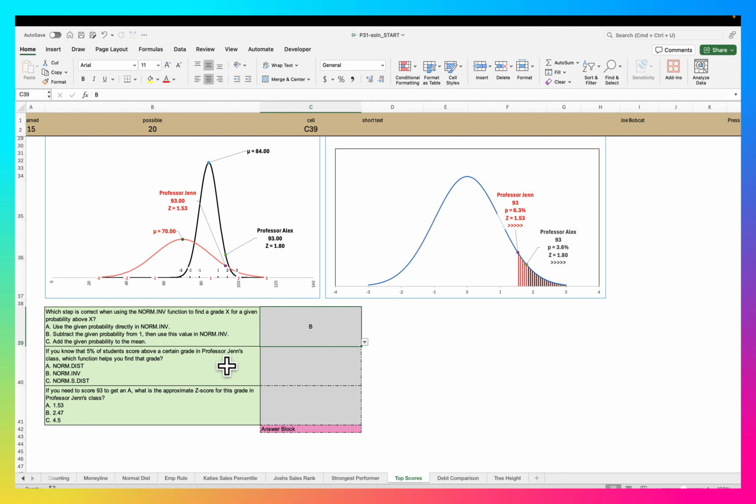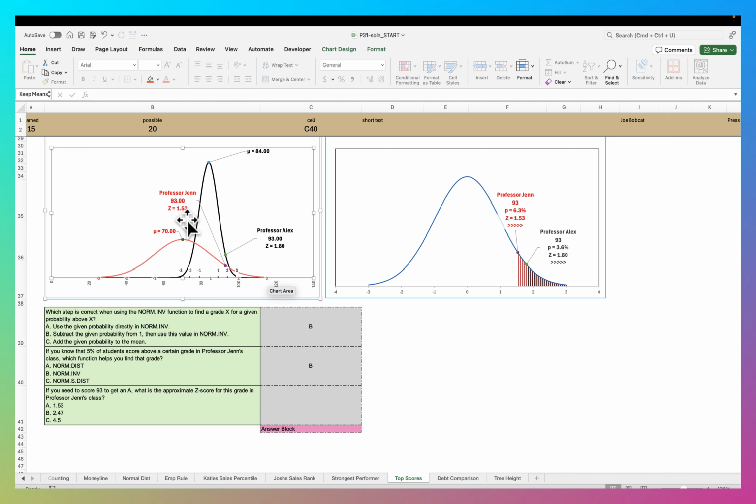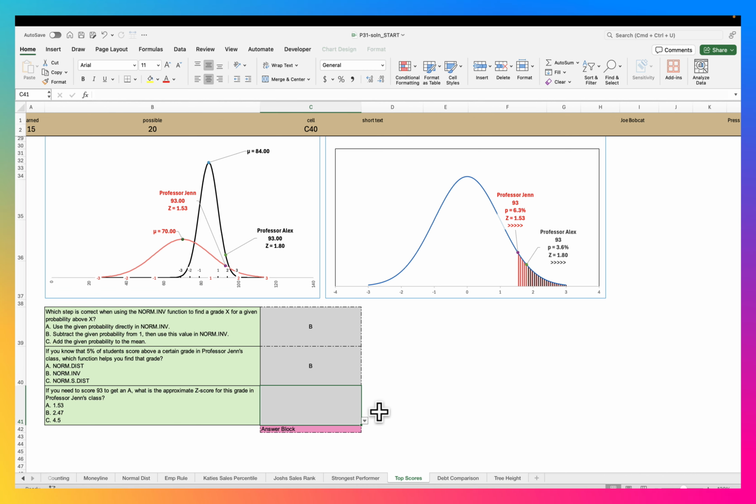If you know that 5% of the students score above a certain grade, which helps you find that grade, again, that would be norm.inv. We weren't working backwards in this problem, but if we were. And if you need to score 93 to get an A, what's the approximate z-score for this grade in Professor Jen's class? That's going to be the z of 1.53. And the answer block turns green, which means we got it all right.